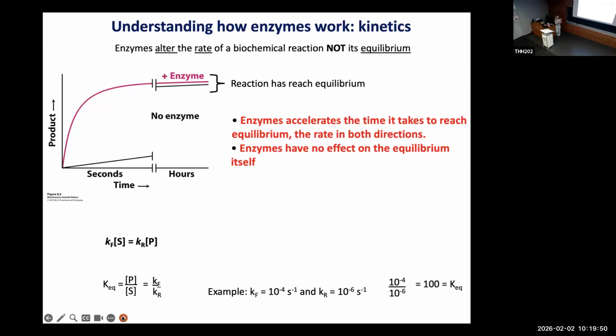So an enzyme will have an effect on the reaction rate, both in forward and reverse. It will speed up both. It doesn't just speed up one direction.